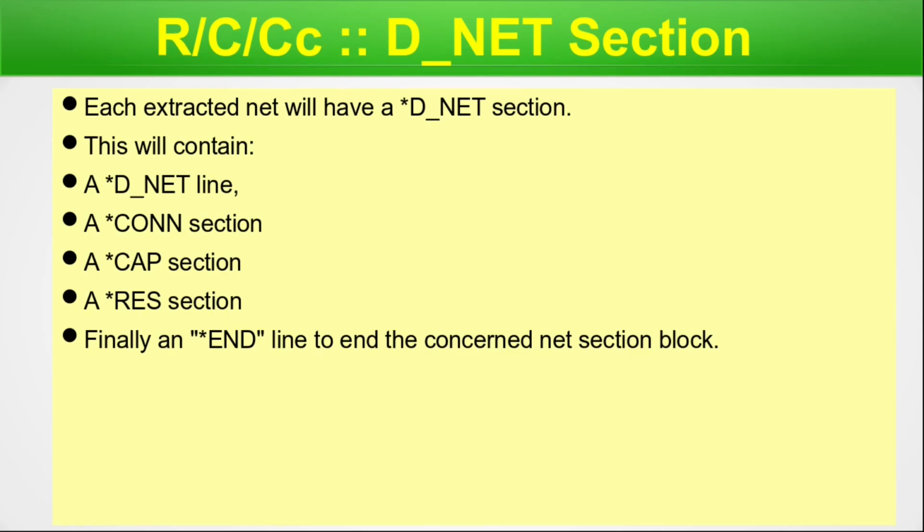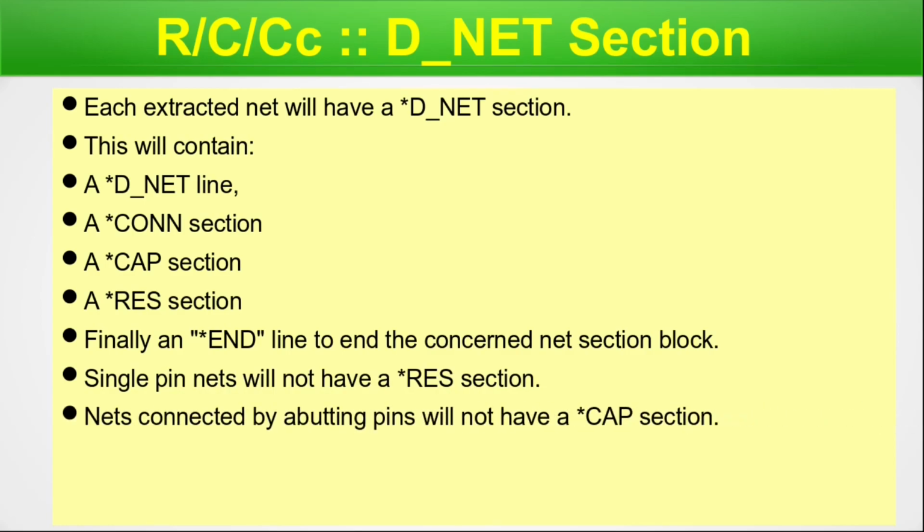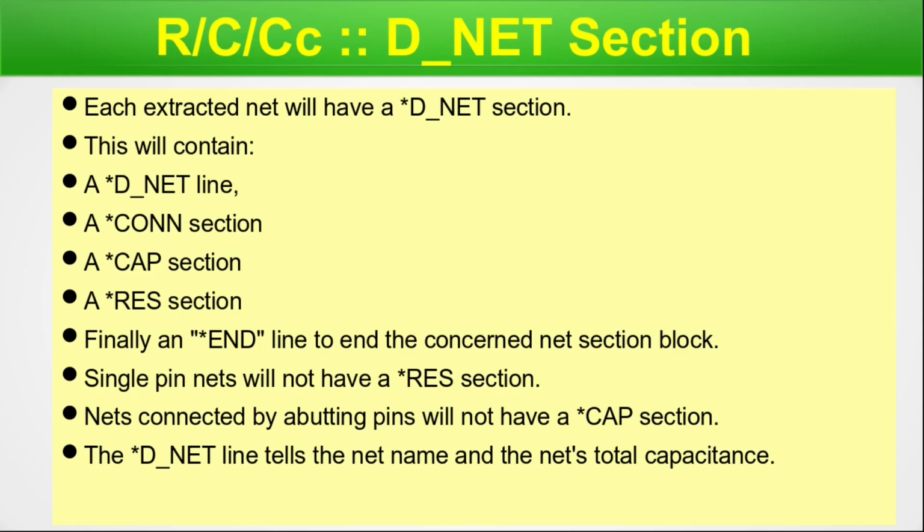So the DNet starts with *D_NET and ends with *END. In between it will contain the CONN, CAP and RES sections. Single pin nets will not have a RES section. Nets connected by abutting pins will not have a CAP section. The DNet line tells the net name and the net's total capacitance.